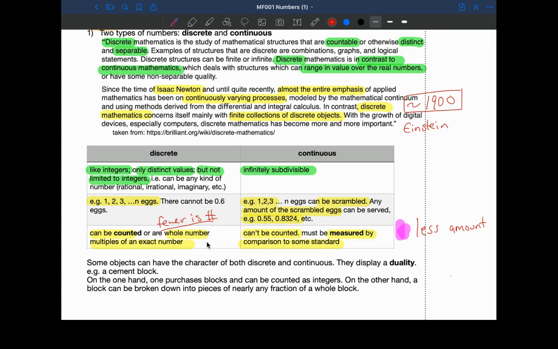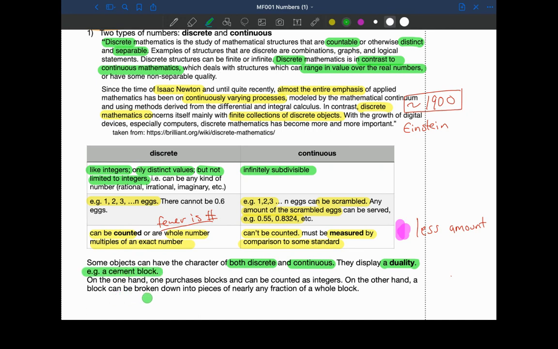Some objects can have a character of being both continuous and discrete. And whenever that happens, when we seem to have these opposite qualities, but yet something can display both of them seemingly in a way that should be impossible, we call that duality. So let's take an example of a cement block.